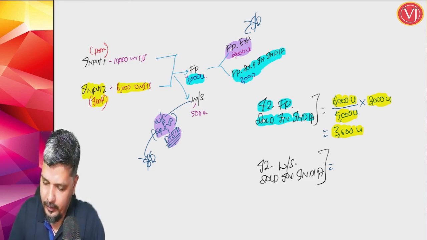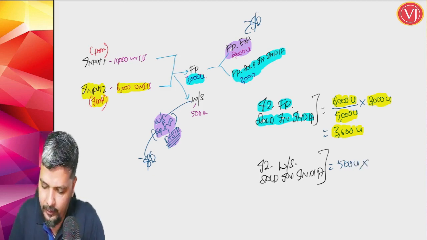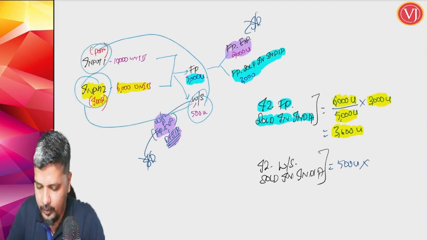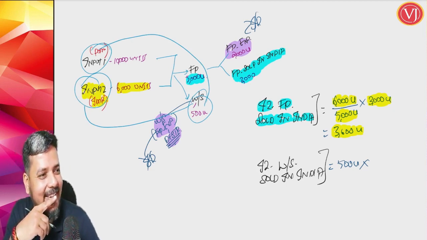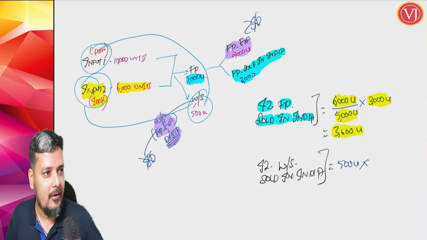So you'll start with 500 units. But this 500 units waste and scrap comes out of both input 1 and input 2. Correct? Waste and scrap does not only deal with input 2.